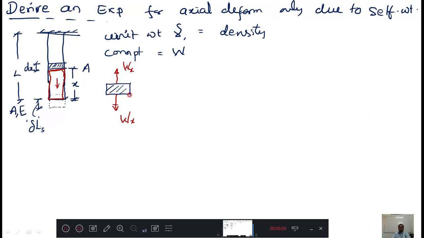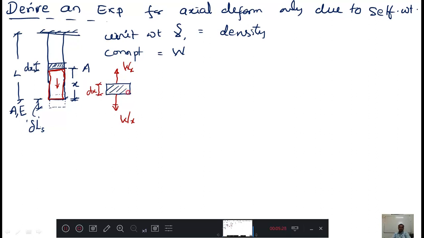This small strip that we considered, its thickness or its length is dx. And the weight of the small strip is ignored. Why? Because it is very small, therefore the weight of the small strip is ignored. It is not considered in the vertical direction.